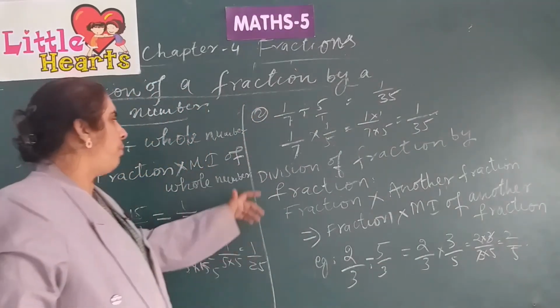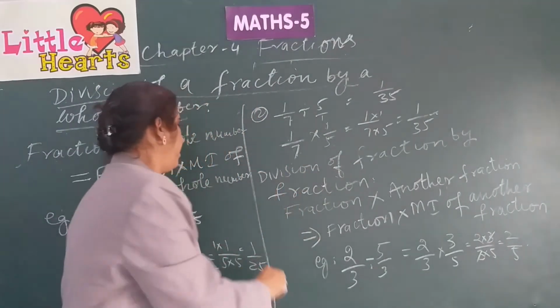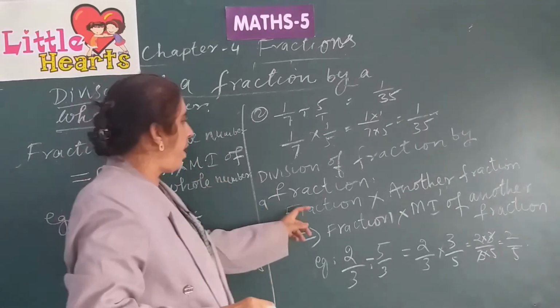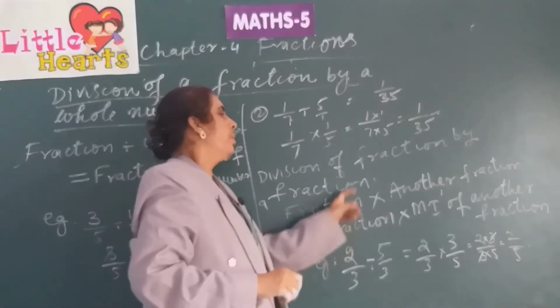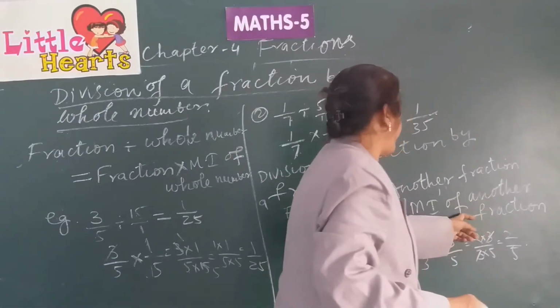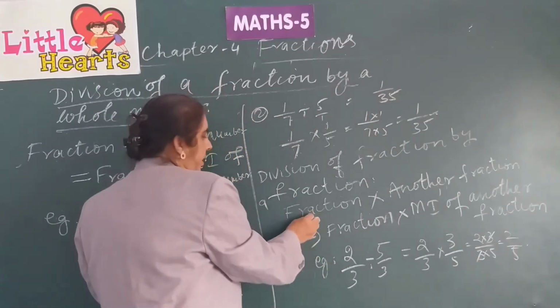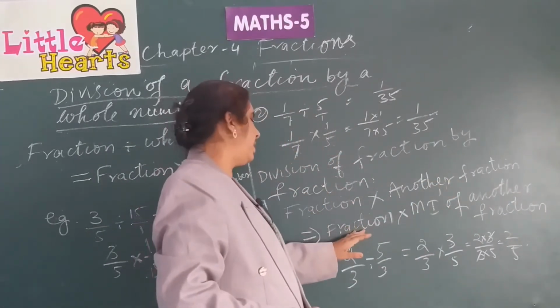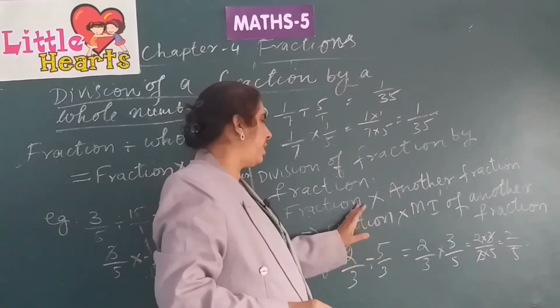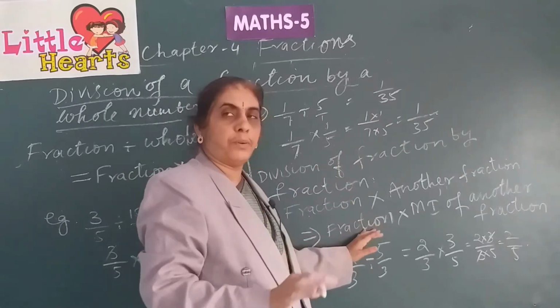Now, division of a fraction by a fraction. A fraction divided by another fraction equals fraction into multiplicative inverse of another fraction. So this is dividend and this is divisor. So dividend will be as it is. The fraction that acts as dividend will be as it is. There will be no change.